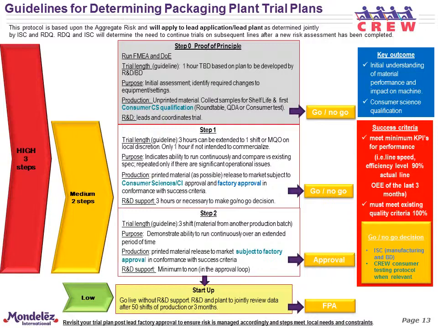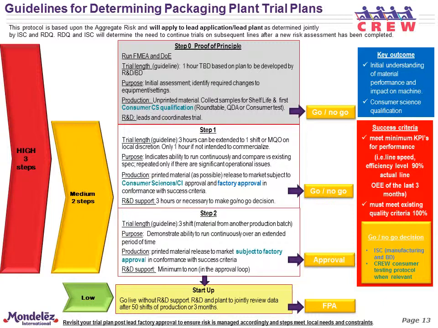High-risk approach is a 3-step qualification. In this situation, you will find one additional step at the beginning of the qualification process. Step 0 is a 1-hour proof of principle trial led by R&D. This trial is to assess how the new material performs in the line and to understand if any machine adjustments or modifications are required.